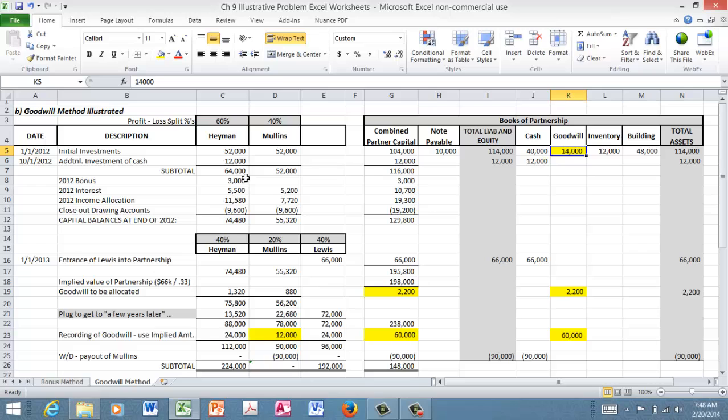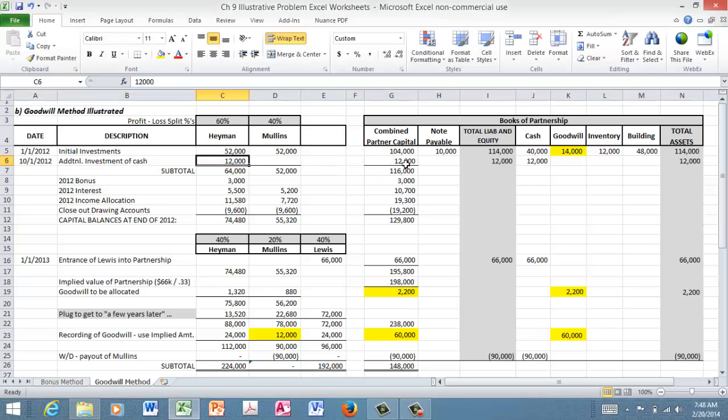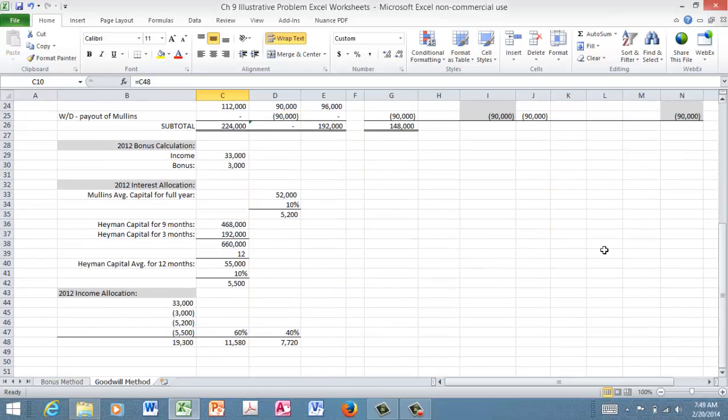Now, what other events happen? The $12,000 injection of capital that we see here on row 6 is the same as the bonus method. We handle it the same way, where Heyman is just bringing money into the partnership. Now, the bonus and the interest calculation and the income allocation mechanically are done the same way. The amounts are different, and the reason is we had a different starting capital balance. So you can see Mullins is staying at $52,000 the entire year, therefore he gets $5,200 of interest on the capital account.